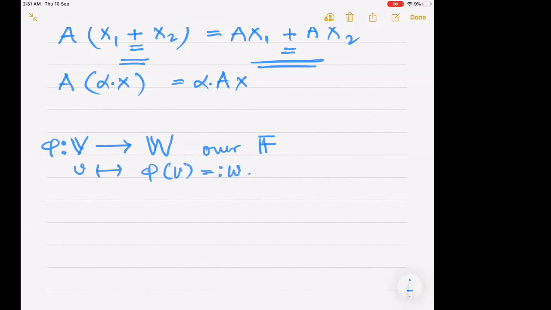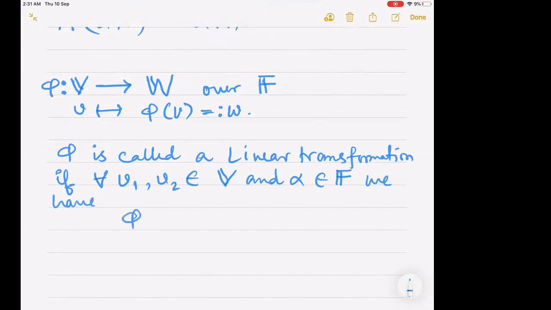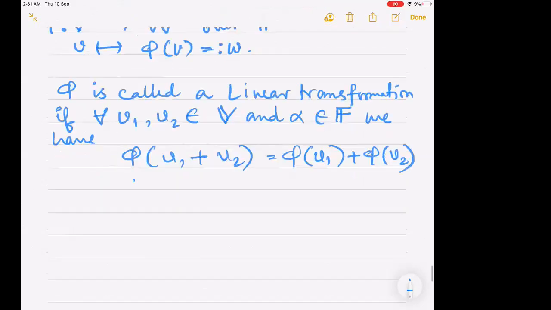Phi is called a linear transformation if for all v1, v2 in the space V and alpha in the field F, we have phi(v1 + v2) = phi(v1) + phi(v2), and phi(alpha v1) = alpha phi(v1).